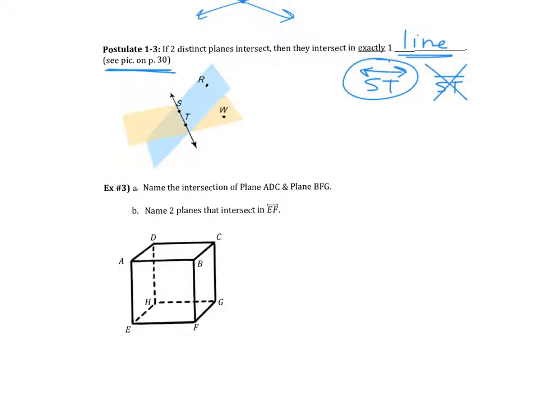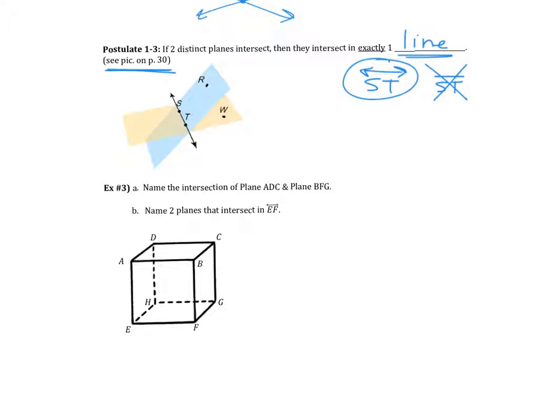Example 3 here. We're going to do a couple of questions about planes and their intersections. The first one says, name the intersection of plane ADC and plane BFG. I'm going to do a little color coding so you can distinguish which is which. What is plane ADC in that figure?